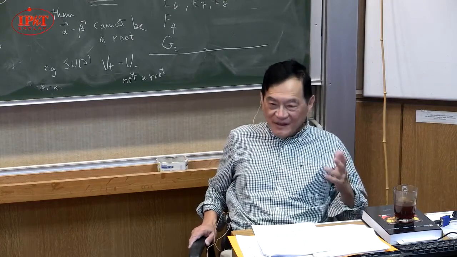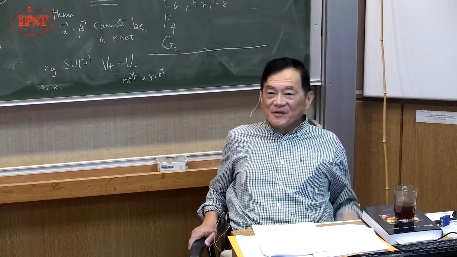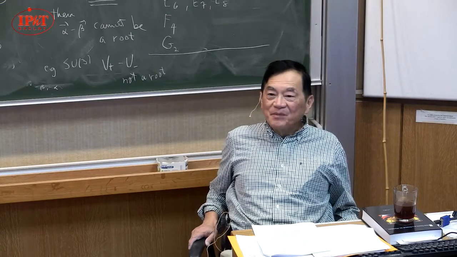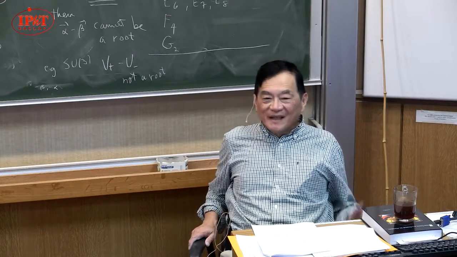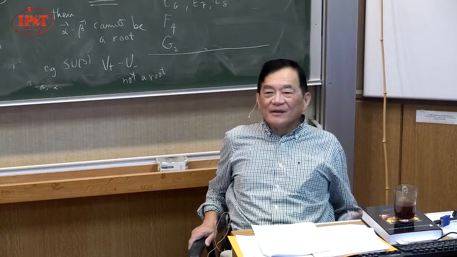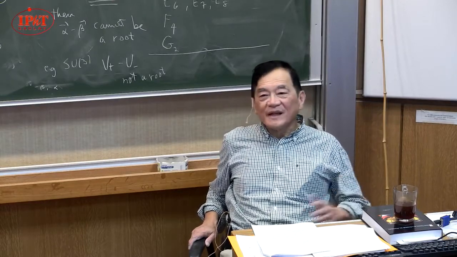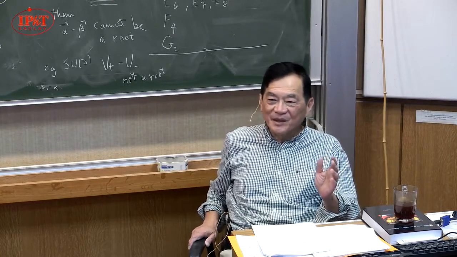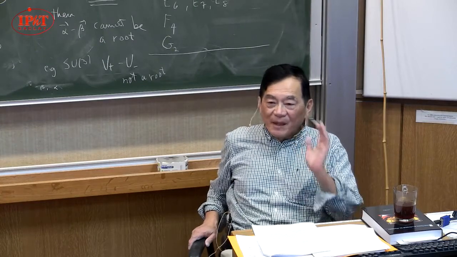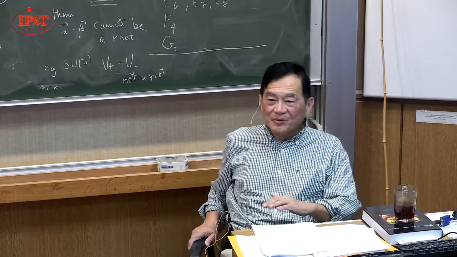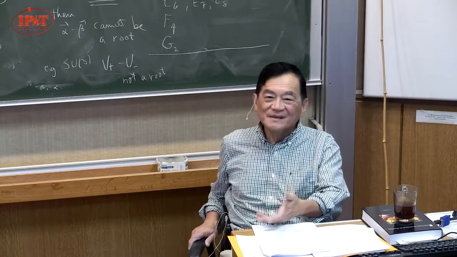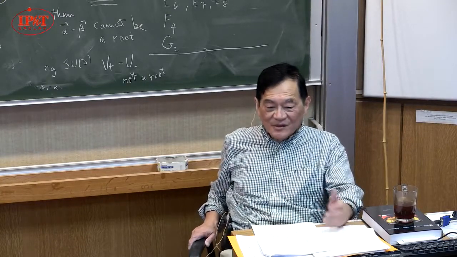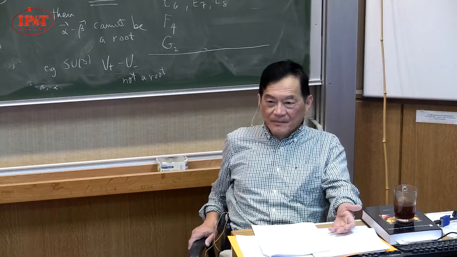In fact, it is simple because his observation is that you only care about the simple roots. Remember that we define positive roots and then simple roots. First the positive roots; the negative roots are trivial, they're just minus the positive roots. And then among the positive roots, you define the simple ones, because the non-simple ones could all be given in terms of the simple ones. So that was his brilliant observation.